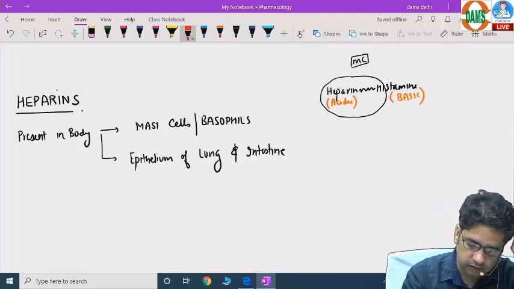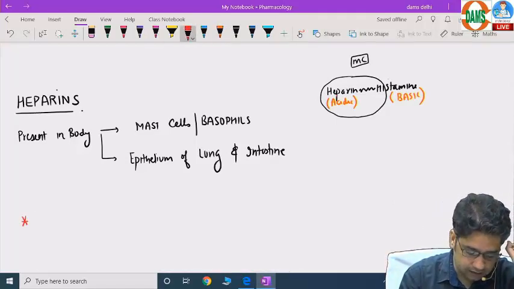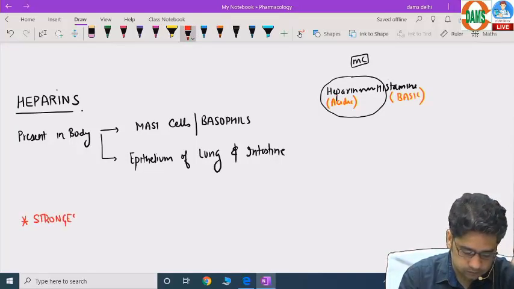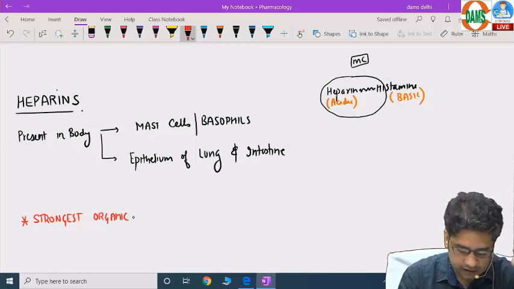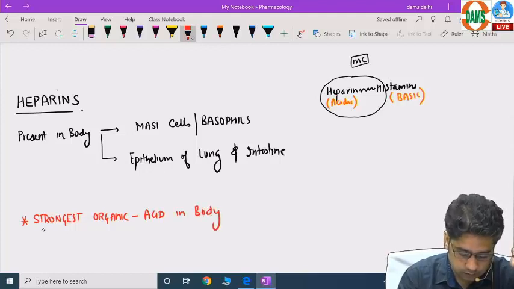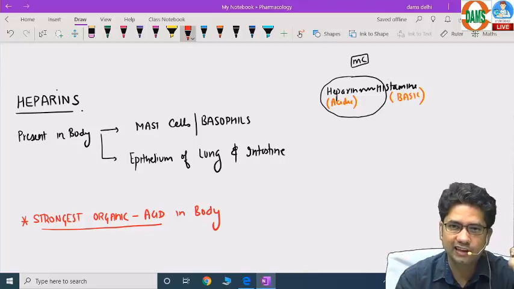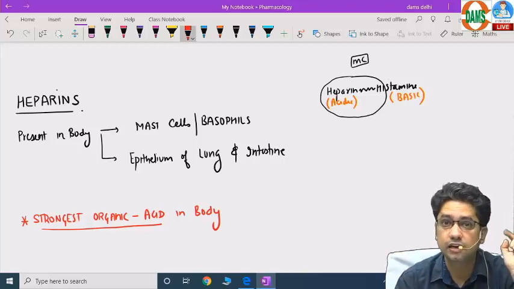Before going further, you will write one point that heparin is the strongest organic acid in our body. The strongest organic acidic substance in our body is heparin.